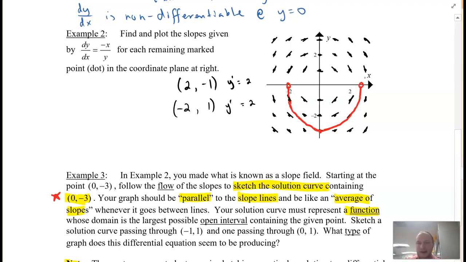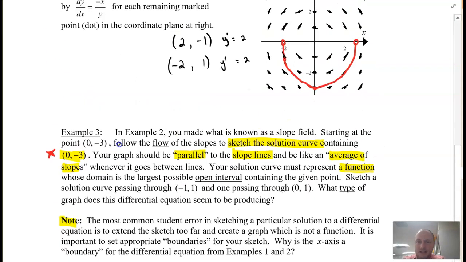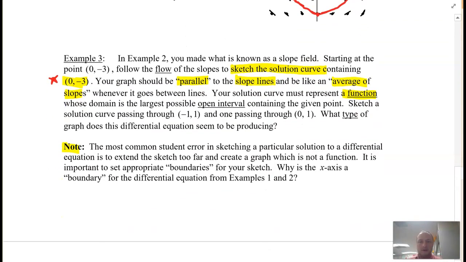And that is slope fields. Actually, this side should be more, about there. Okay, so that is a slope field.